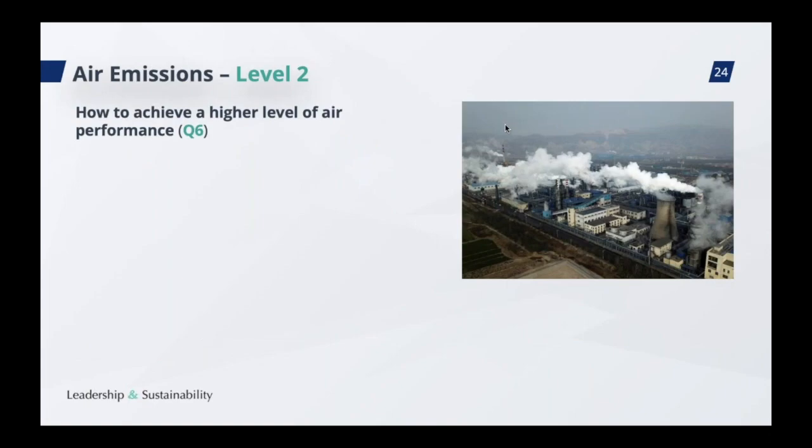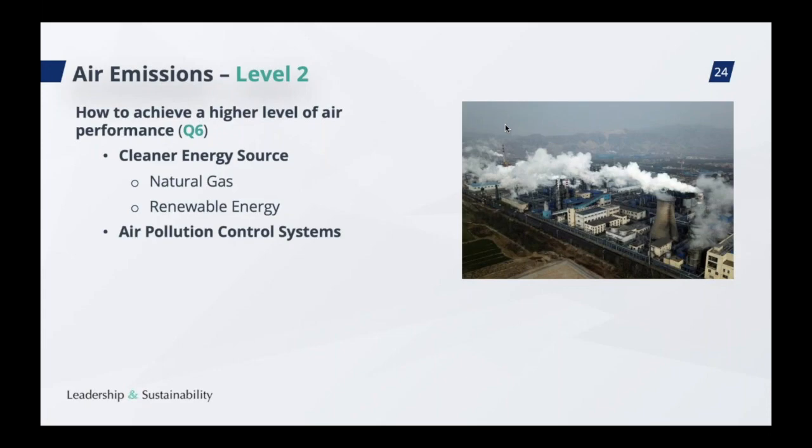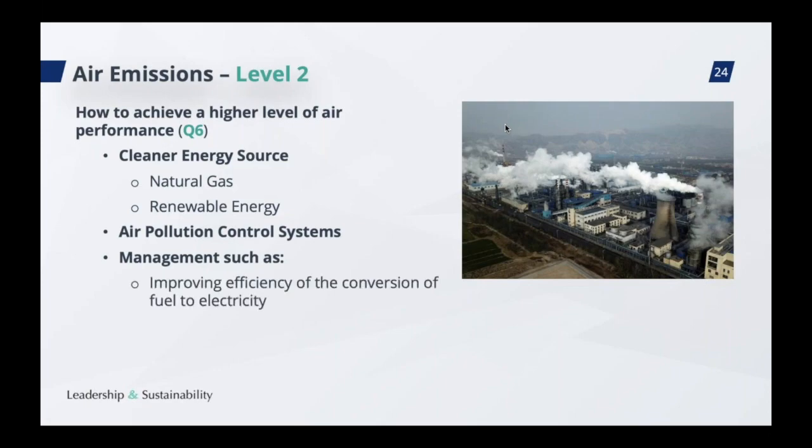Examples of how to achieve lower emissions levels are cleaner energy sources, for example, natural gas or renewable energy; and air emission control systems and management, such as improving efficiency of conversion of fuel to electricity or removal of sulfur from coal before combustion.